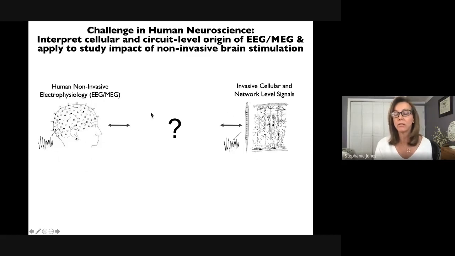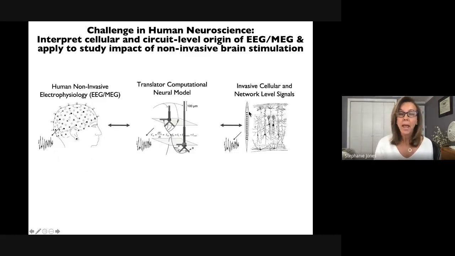And so to bridge this scale, we've been using computational neuromodeling. Computational modeling is ideal for bridging these scales because we can develop models that have enough detail to capture the biophysical origin of these macro scale signals, but connect to all of the underlying cellular and circuit level dynamics.